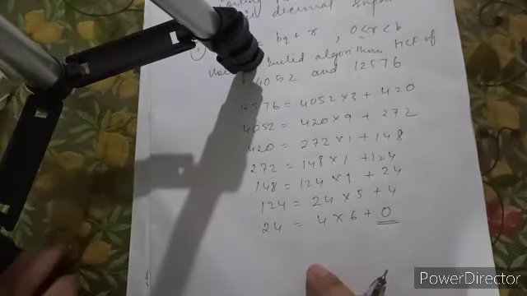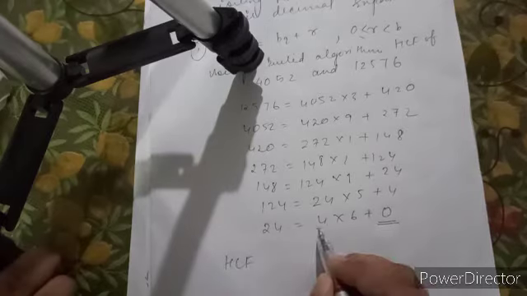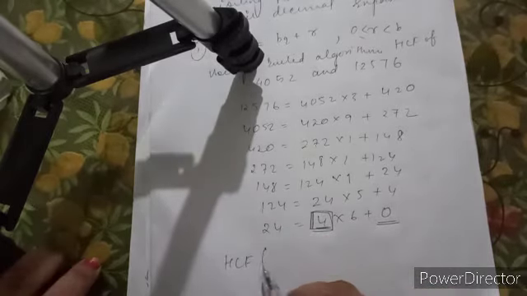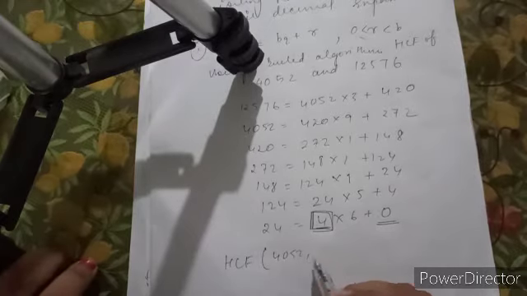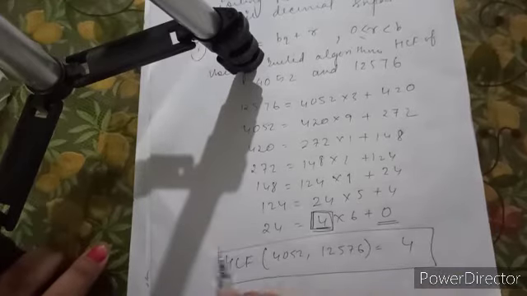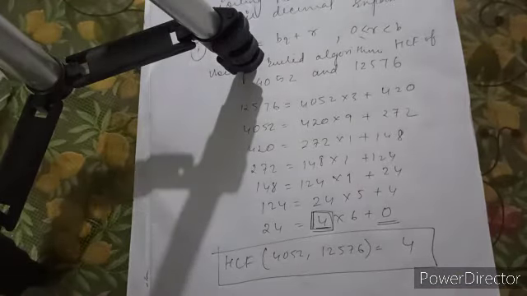So you have to go on proceeding this step until you get the remainder to be what? 0. And after we complete the remainder to be 0, we can conclude that the last divisor will be considered as the HCF of the given two numbers. So the HCF will be 4. Okay. This is using the concept of Euclid's division lemma.